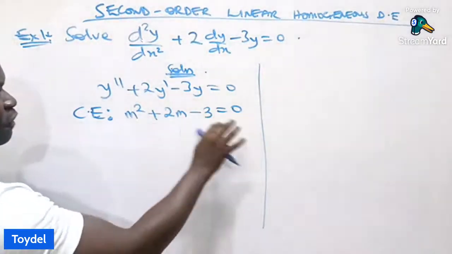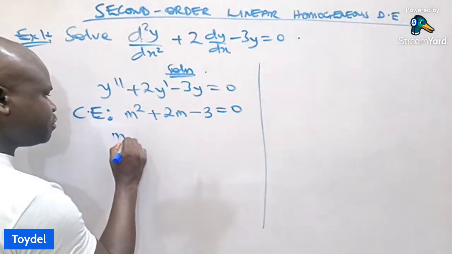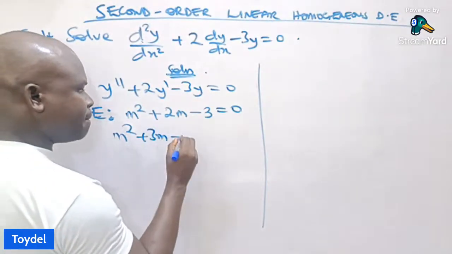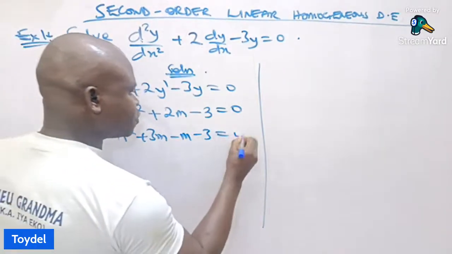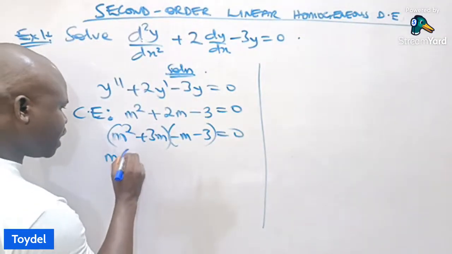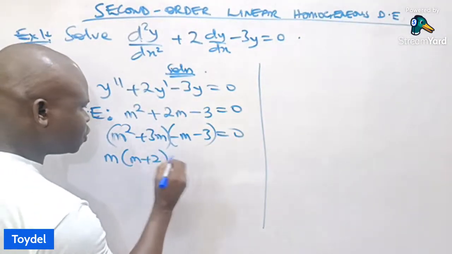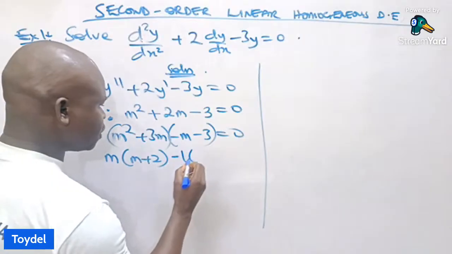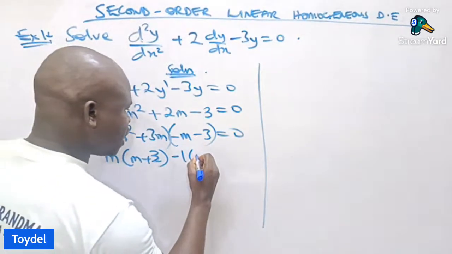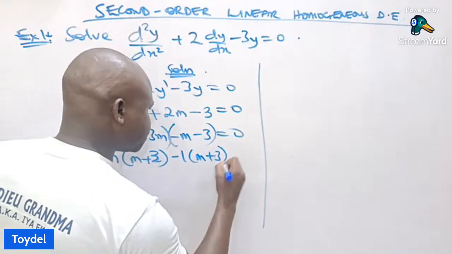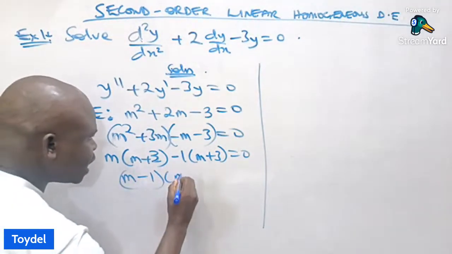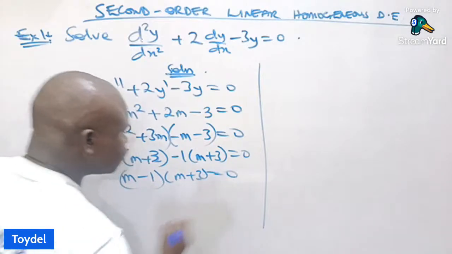That's the characteristic equation. So we are going to solve this quadratic equation. Of course, we can factorize this. So this will be m squared plus 3m minus m minus 3 equal to 0. We factorize this. So m is common. We have m into bracket m plus 3. Then minus 1 is common here. M plus 3. So we have m minus 1, m plus 3 equals 0.